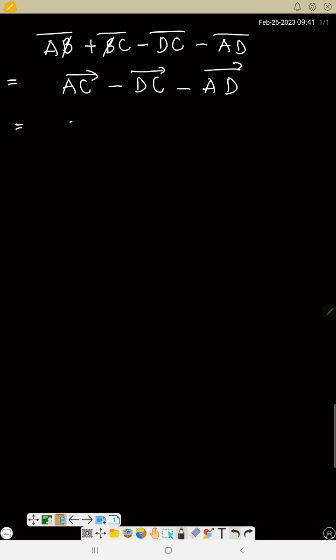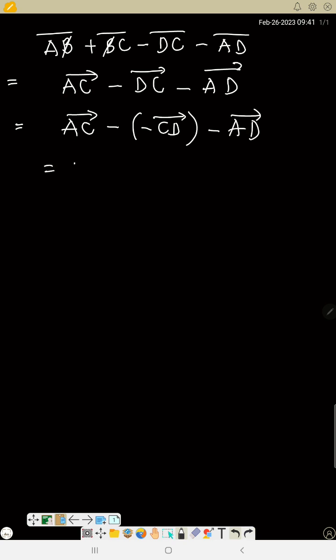To make this, it should be CD and here must be addition, but I don't care about that. Let me just walk through the normal process. If I'm reversing DC to CD, then it must be minus CD, because you have changed the direction. DC has changed to CD, then it's minus. So this minus is still in the question, minus AD.